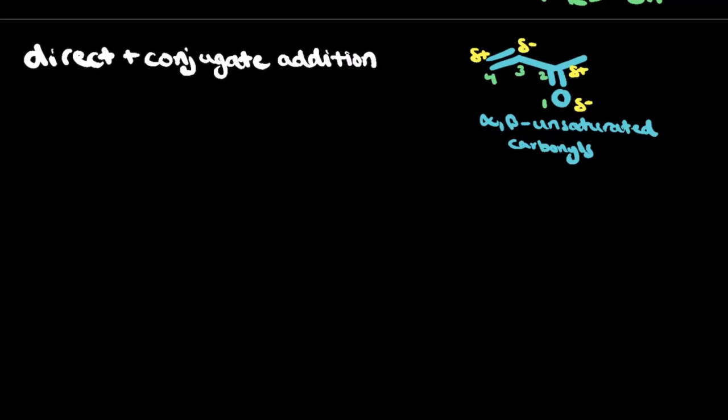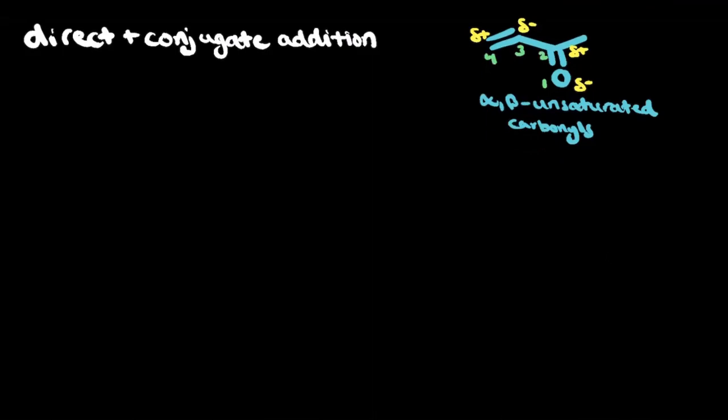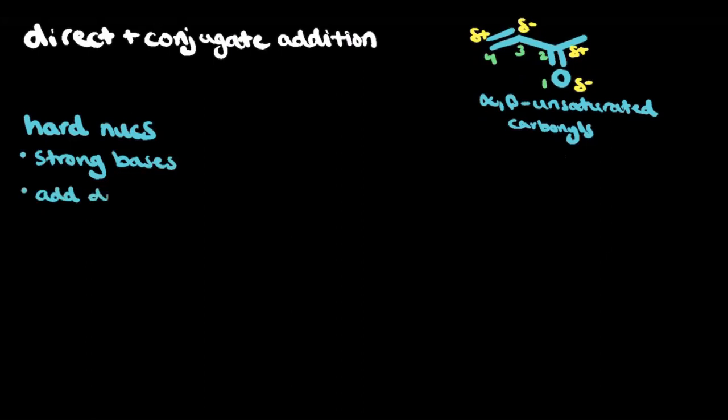So we have two different types of nucleophiles that we can use for this. One of them is going to be hard nucleophiles, which are strong bases. They add direct, through 1,2 addition. Okay, so your hard nucleophiles consist of things like your hydride reagents, any sort of alkyl anion, right?